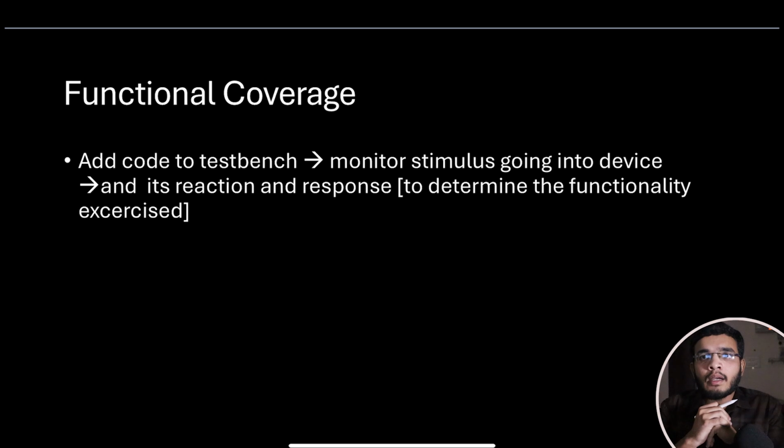Let's say my DVD player has a music system which gives out certain songs or certain music. I monitor this particular functionality in my device, and there might be many such functionalities in my DVD. So I'll see whether I was able to see all those functionalities happening in the whole of my design verification.